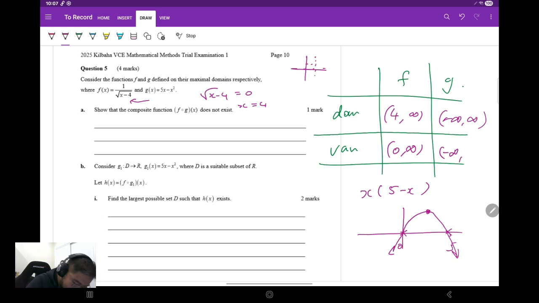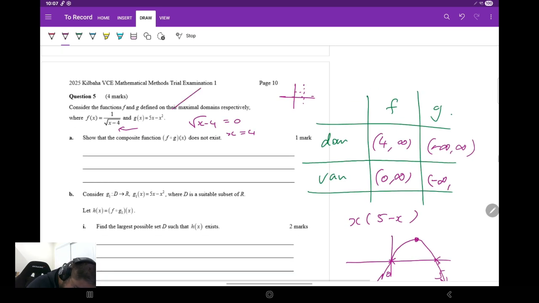So if we do a quick completing the square of this equation, we've got negative x squared plus 5x.